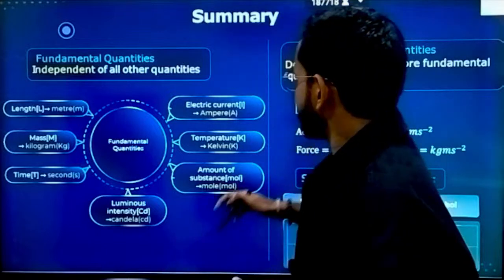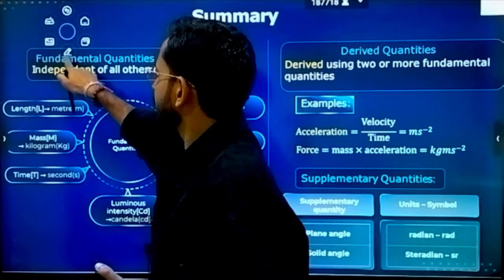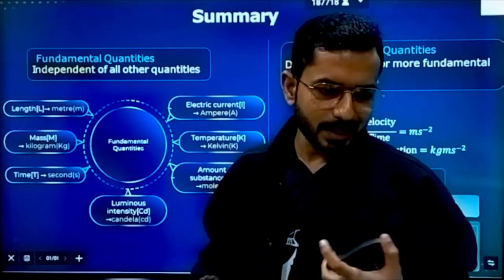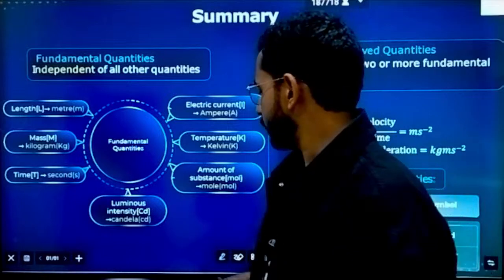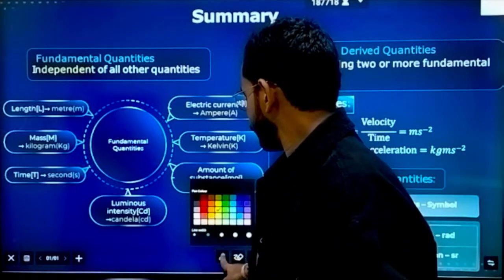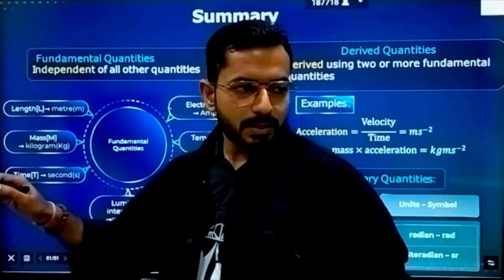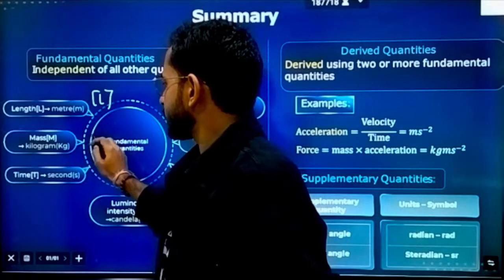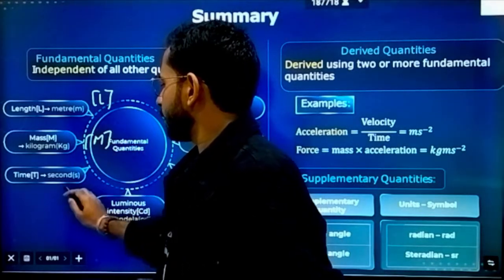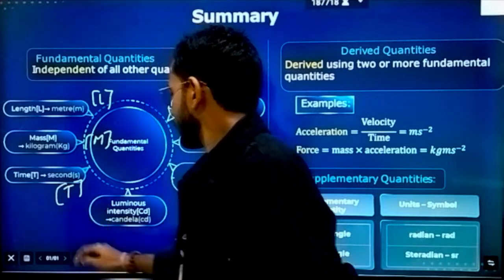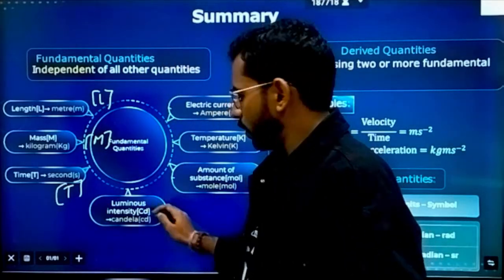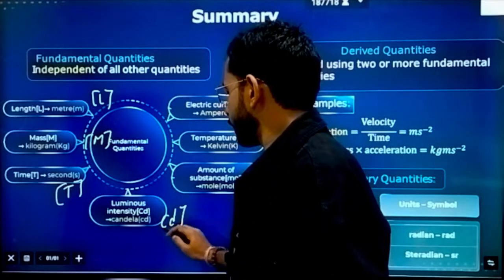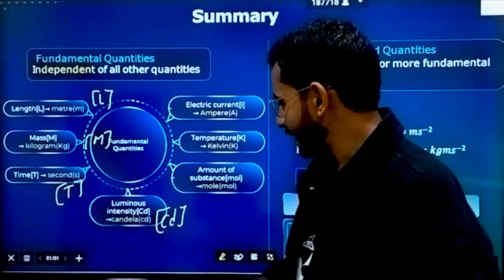Now what are the representations? That is also important, because in question solving the representations will be useful. Length is represented as L, mass as M, time as T. Luminous intensity is not used a lot, but if it has to be represented, it is represented by cd.